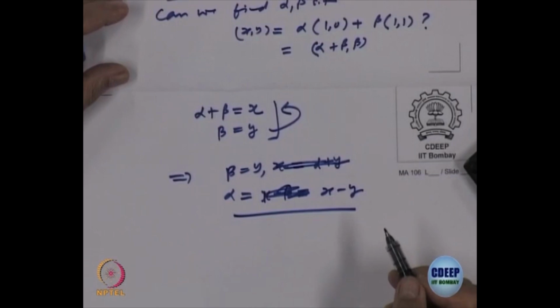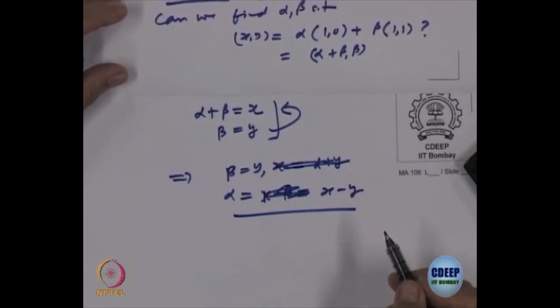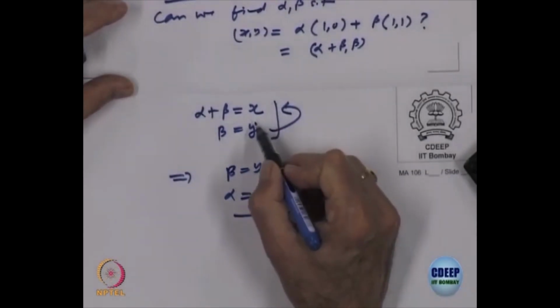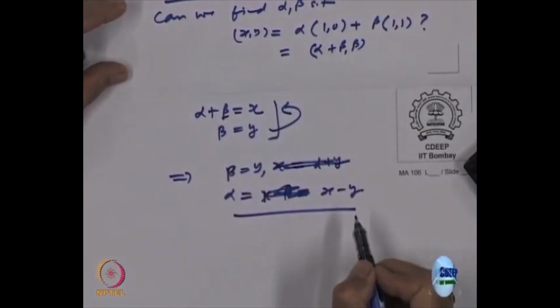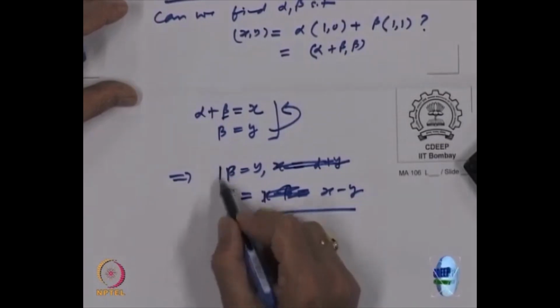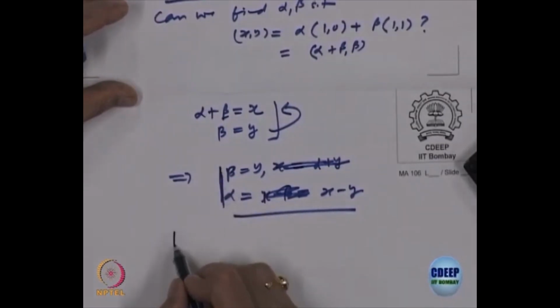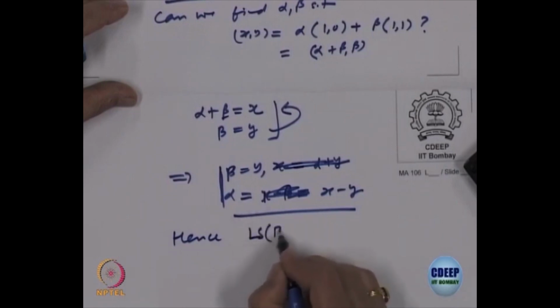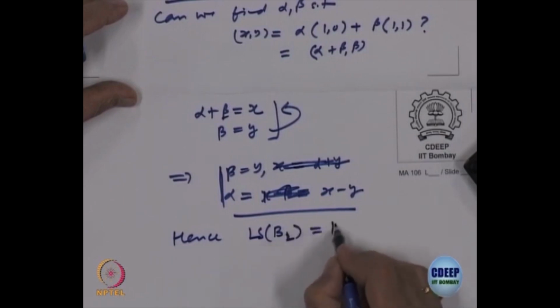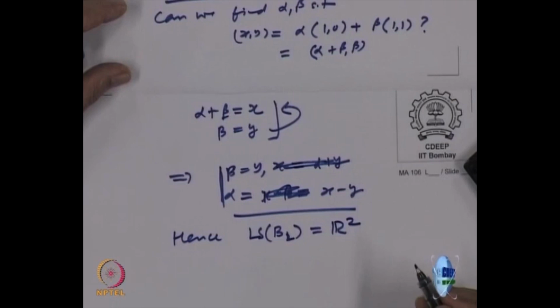So, x and y are given to us and we have found alpha and beta. Hence, the linear span of B2 is also equal to R2.